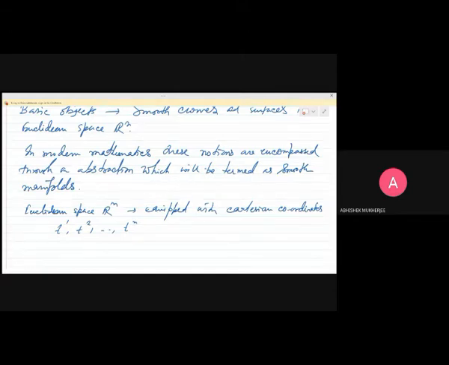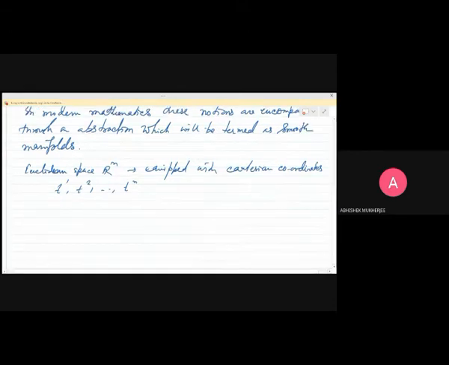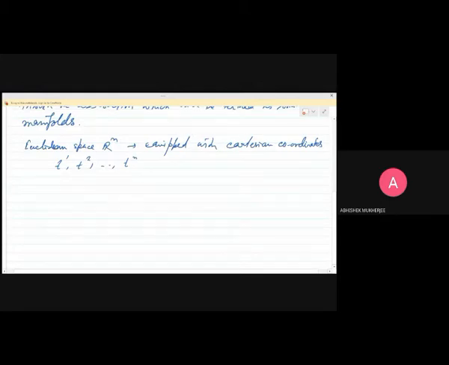On the other hand, we would like to introduce smooth manifolds as we intend to define a calculus on more general spaces, as I was saying in the first statement.